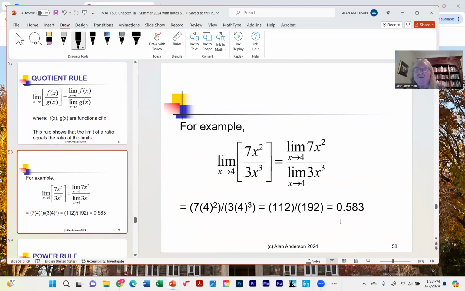All right, so again, we've got that same format we keep running into. So it means the numerator is going to give us 7 times 4 squared. The denominator will be 3 times 4 cubed. And you can see that leads us to 112 over 192, or 0.583 approximately.